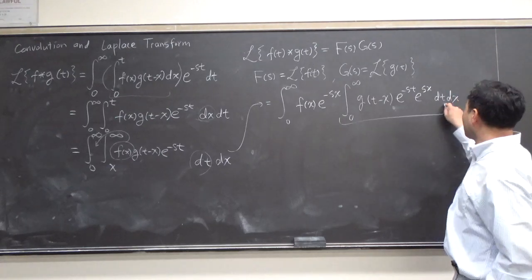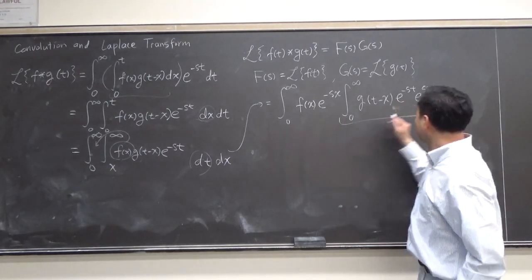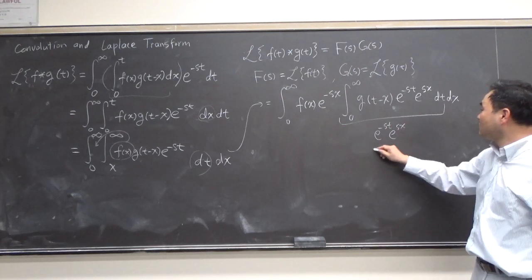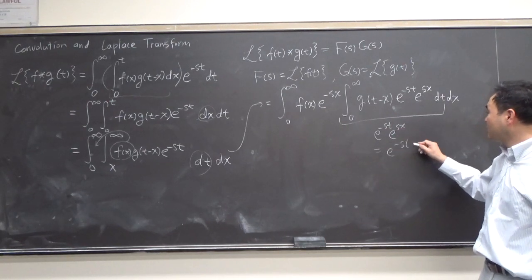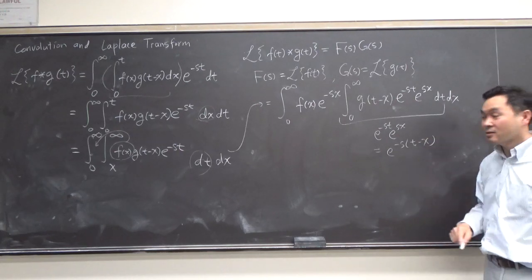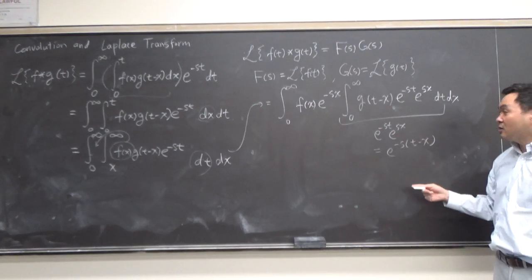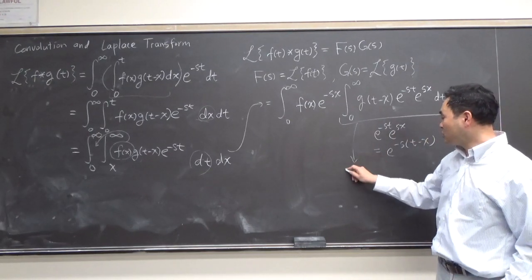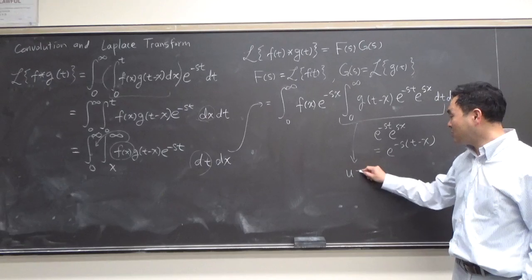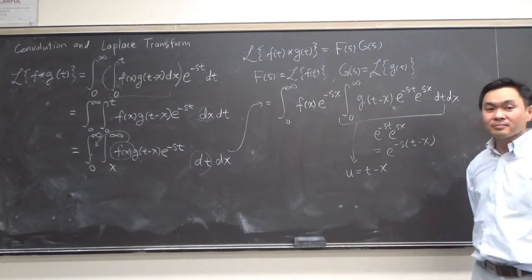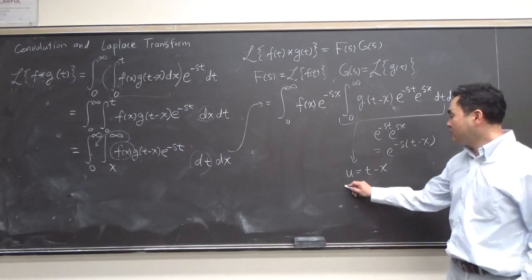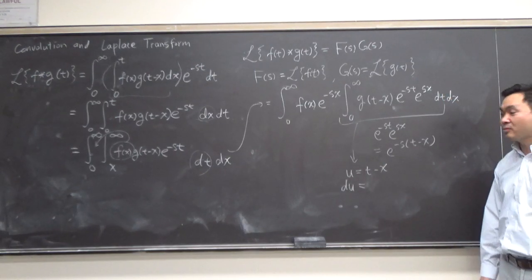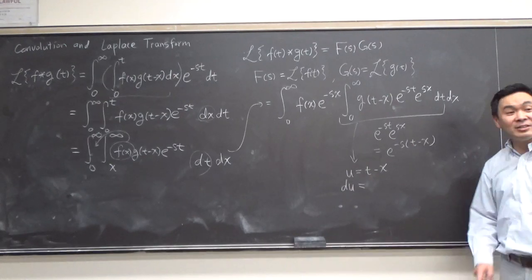I'm going to do a change of variables here. See, e to the negative st times e to the sx is the same thing as e to the negative s times (t minus x). So I can take this and replace t minus x by u. So I'm going to use u equals t minus x. So what's du? dt, yes.